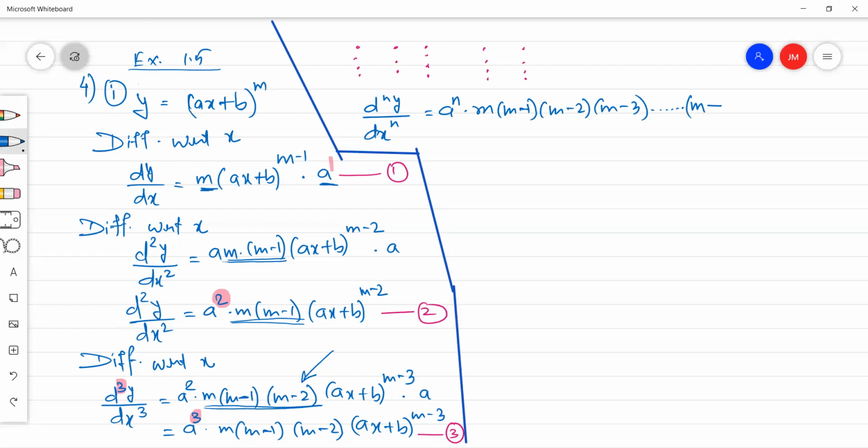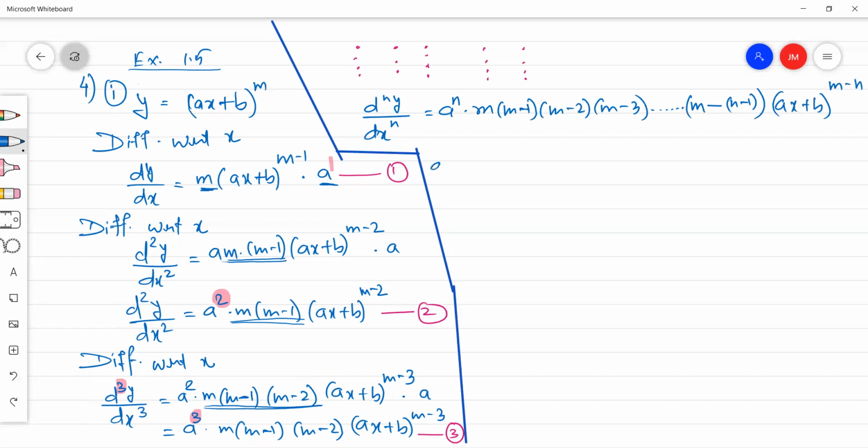So same way here, if it is n, you subtract n minus 1. So m minus n minus 1. Okay, bracket close. And then ax plus b raised to m minus n. This is what I get.